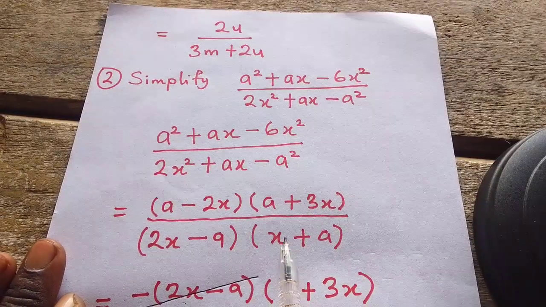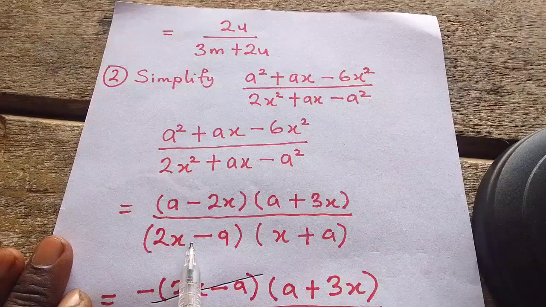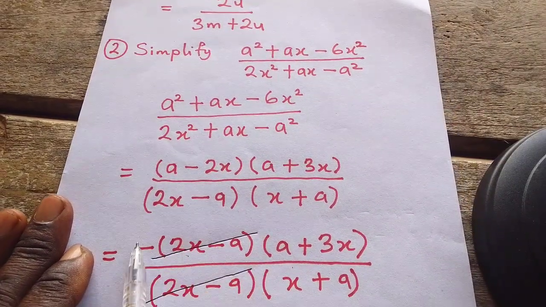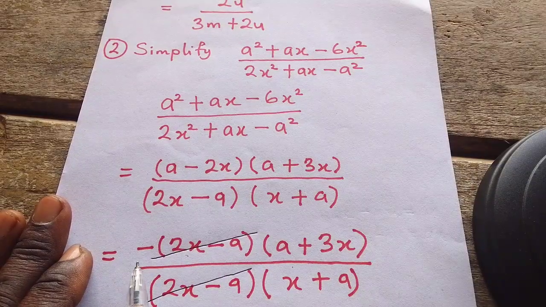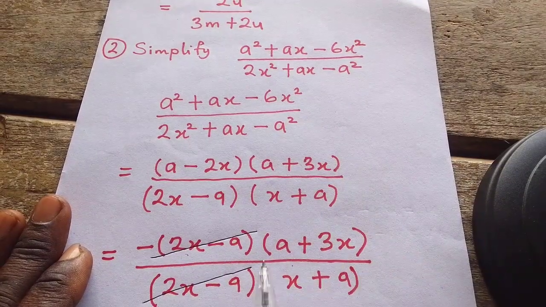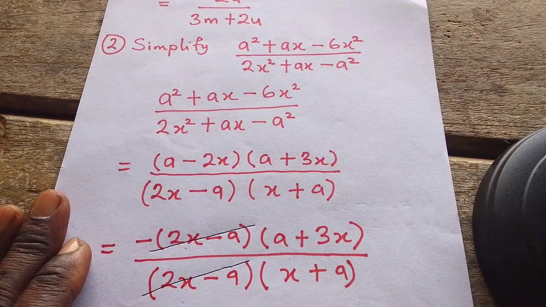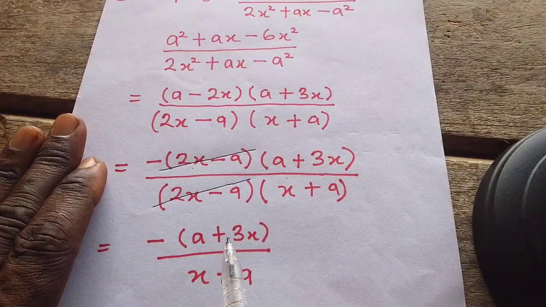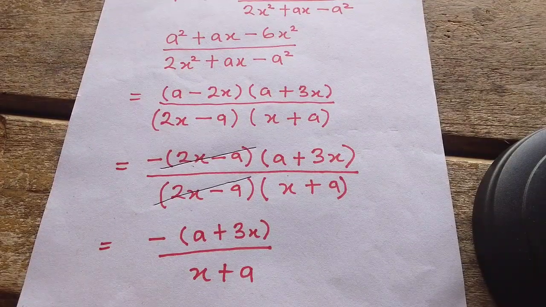Then you realize that for this one to look like this one, you are going to factorize out a minus. So you have minus (2x minus a) times this over this. From here, this 2x minus a looks similar, so they can easily cancel out. You are now left with minus (a plus 3x) over (x plus a).